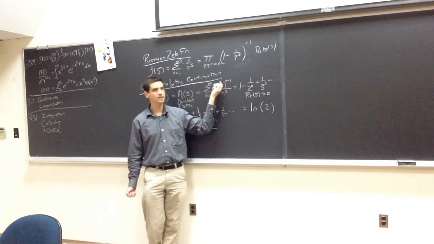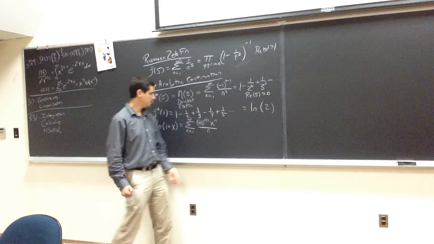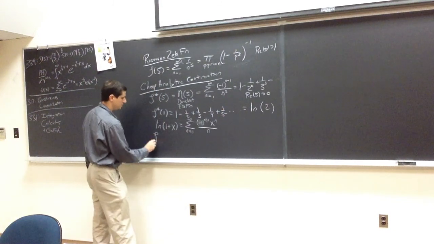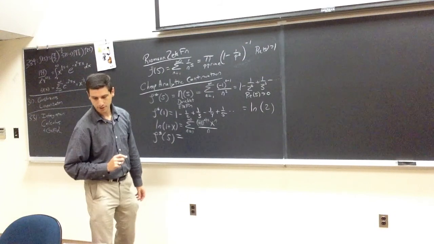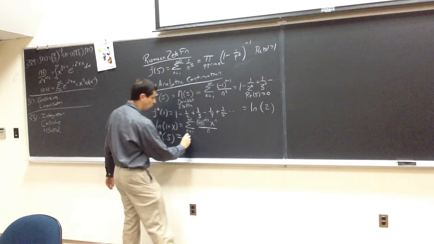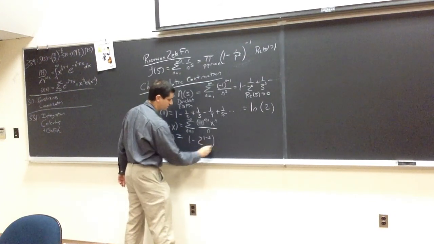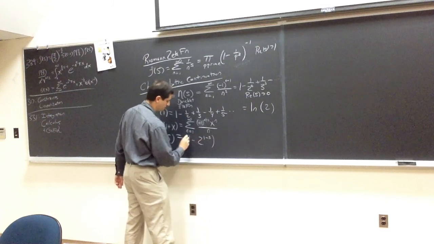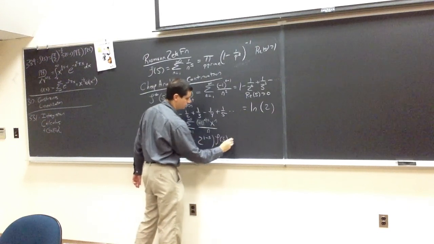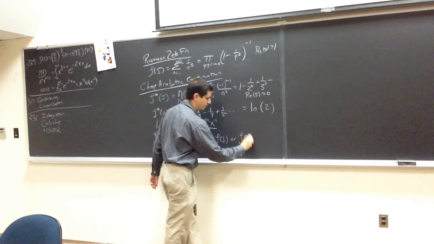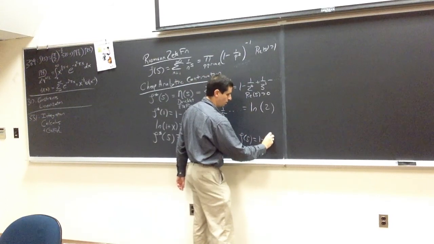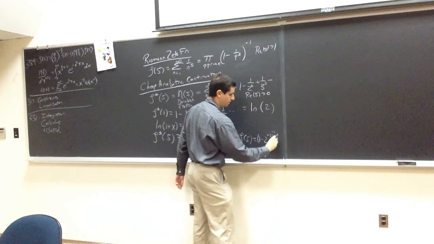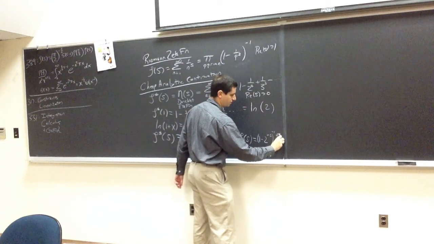When can we put something in here that's interesting? And it turns out that zeta star of s is going to be 1 minus 2 to the 1 minus s times zeta of s, or zeta of s is the inverse of (1 minus 2 to the 1 minus s) times zeta star of s.